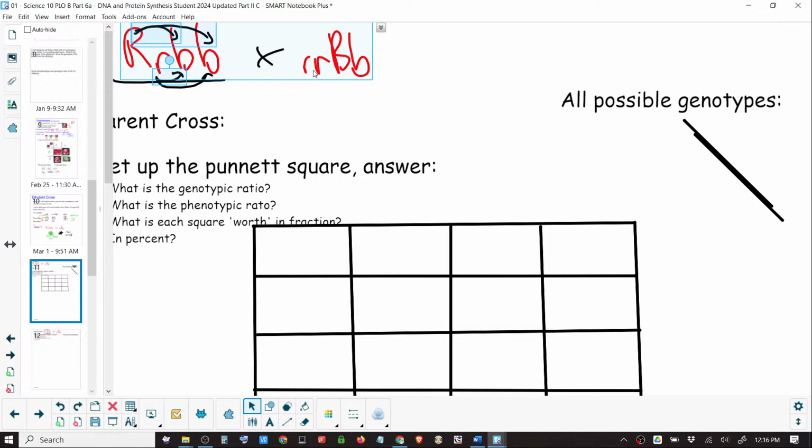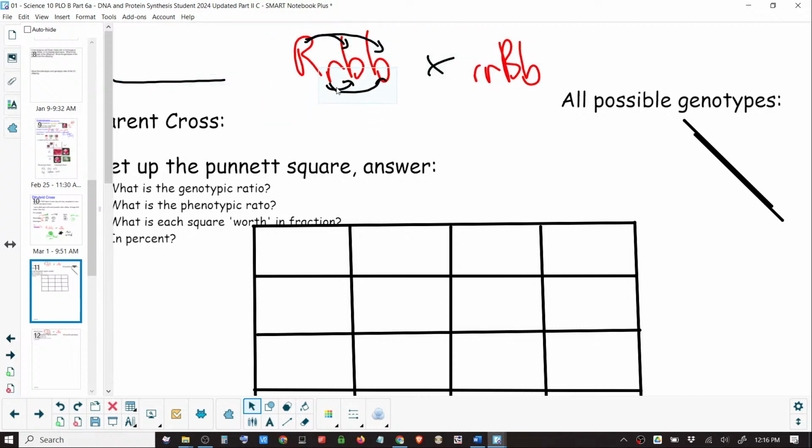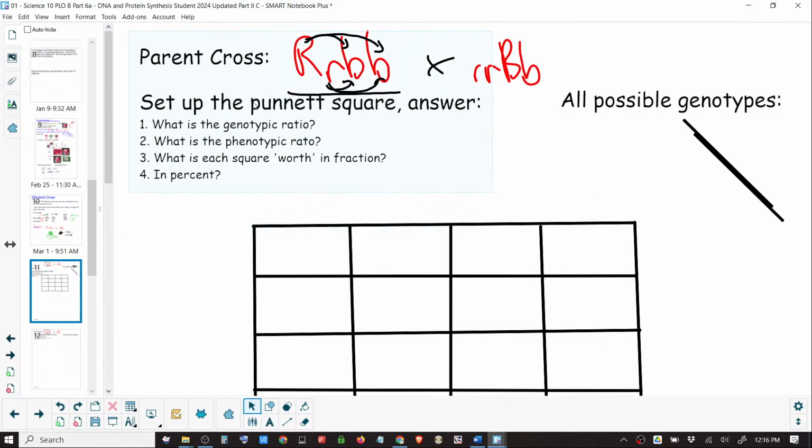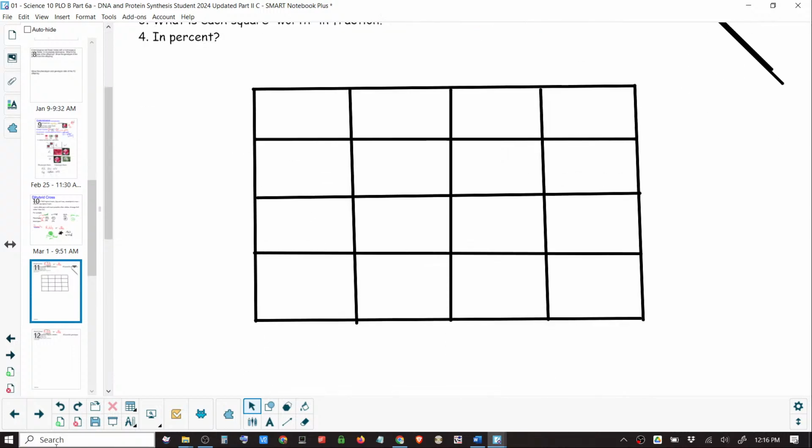Okay, so here's our parent cross that we just made that has all the things. What you need is to set up your Punnett square so it's 4x4. So here is where you're going to put your gametes.